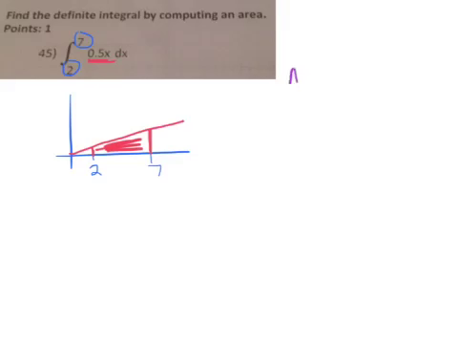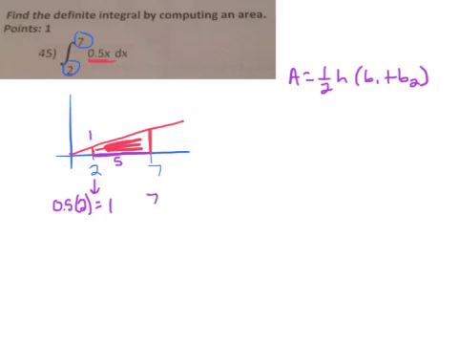The area of a trapezoid formula is 1/2 times the height times the bases added together. Our height is how far it is from base to base. Our bases we get from plugging in 2 to the function 0.5x, which gives 1.